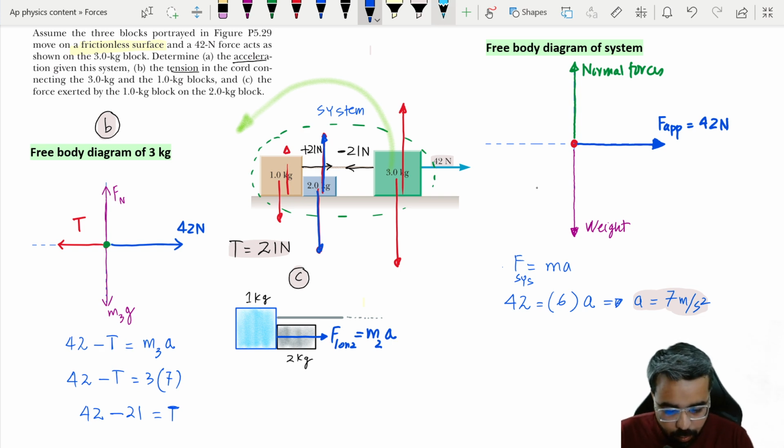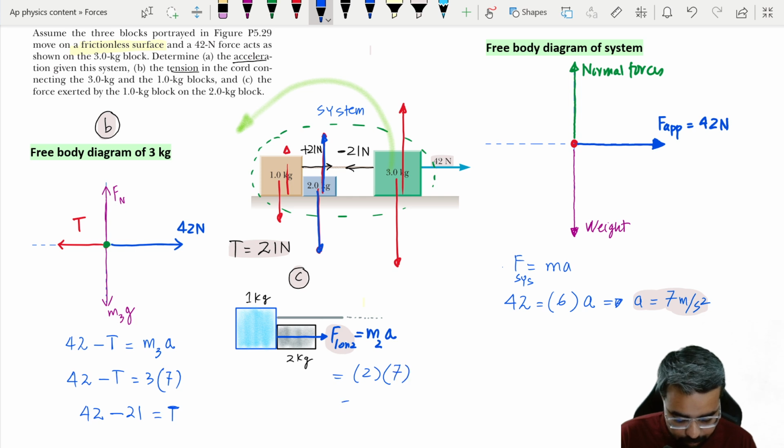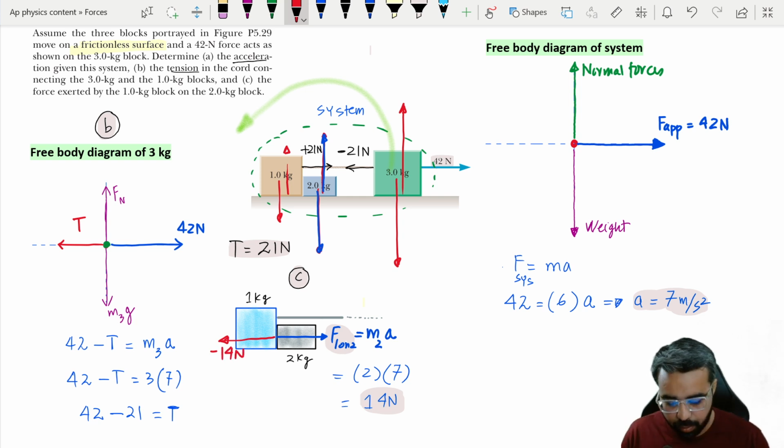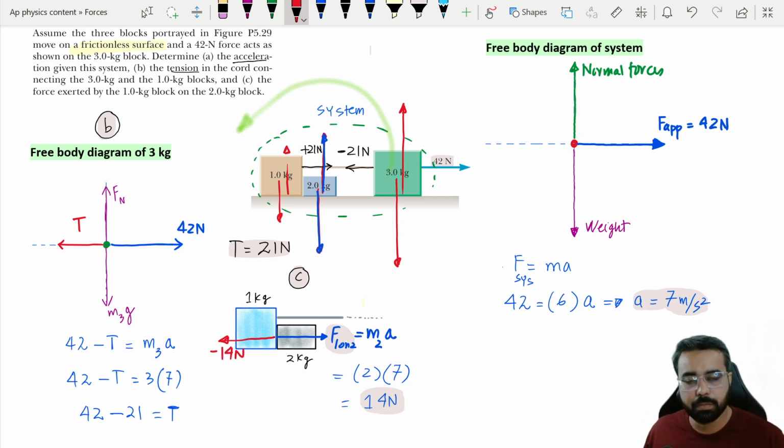So this contact force applied by 1 on 2 must equal the mass of the 2 kilogram block times the acceleration 7. So this force is 14 newtons. So the question is solved. And remember that the force applied by 2 on 1 is the same but in the opposite direction, so that is negative 14 newtons. All right, so take care, bye.